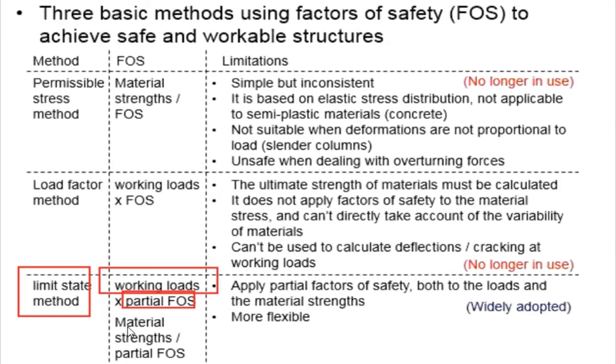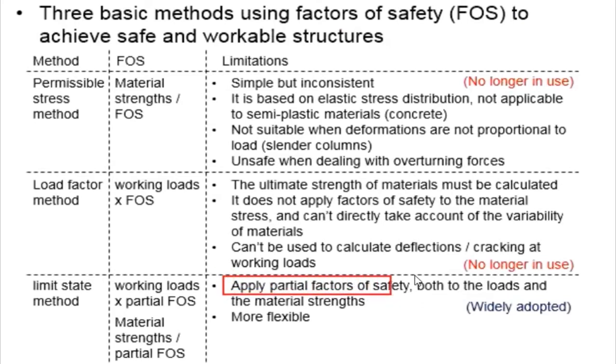Now here the material strength is divided by the partial factor of safety; it is considered a basis. Now the limitation of this one is that the partial safety factor is applied to both the loading and the material strength simultaneously.